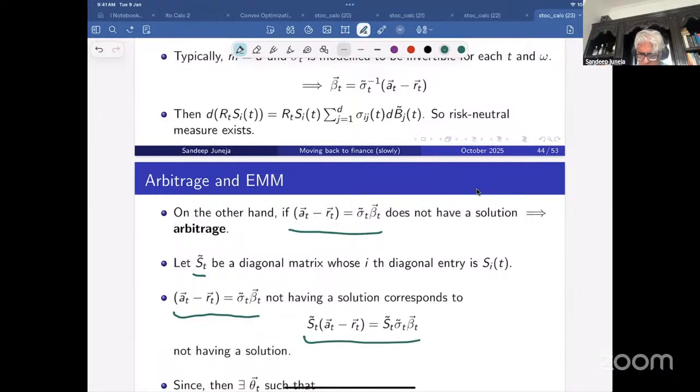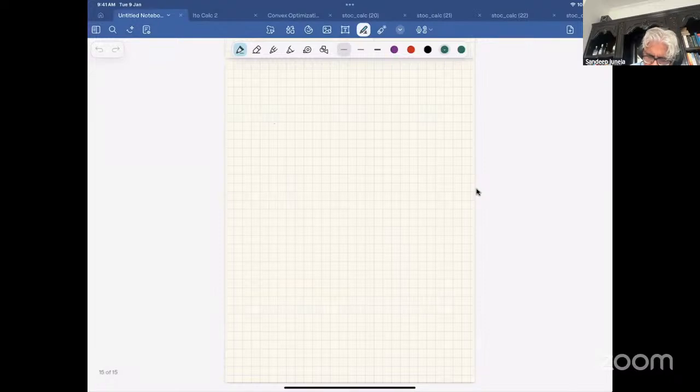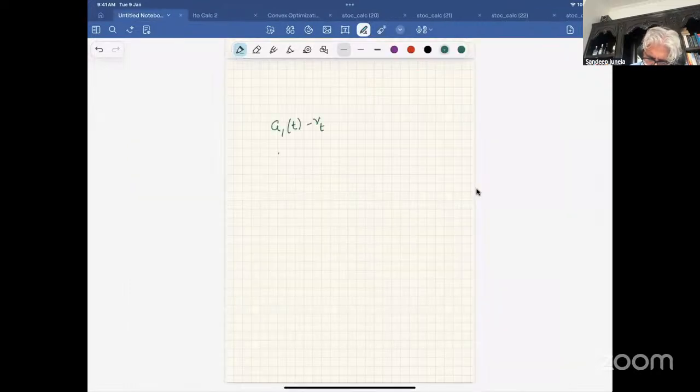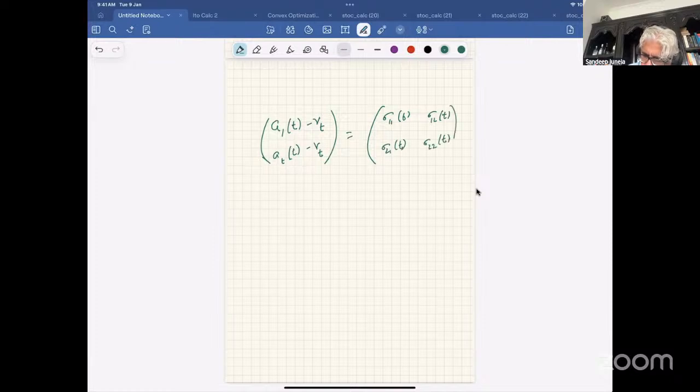So how do we do this? I should probably write this down somewhere. Let's just do this in 2 dimensions. So we have A1T minus RT, A2T minus RT is equal to sigma 11T, sigma 12T, sigma 21T, sigma 22T into beta 1T, beta 2T.